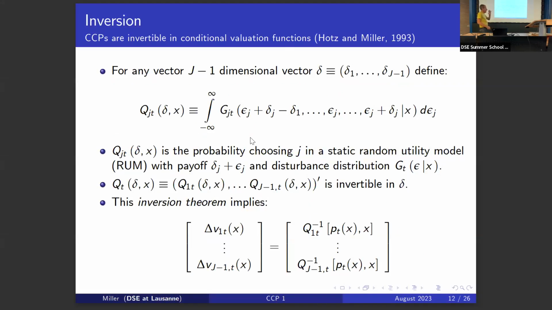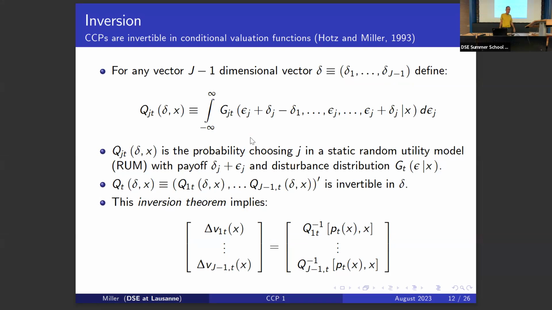So let's set up something else, something that I almost did in the previous slide. Let's define these deltas up the top. See that? And I'm going to think of a McFadden random utility model. Static, no x's.